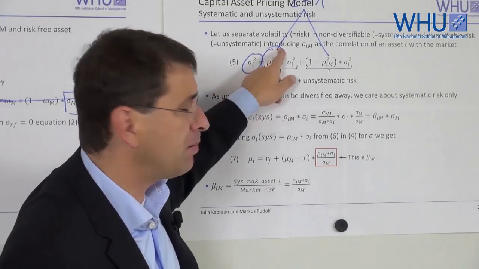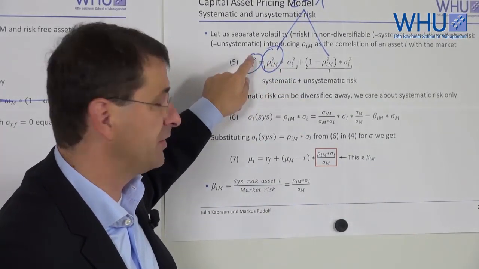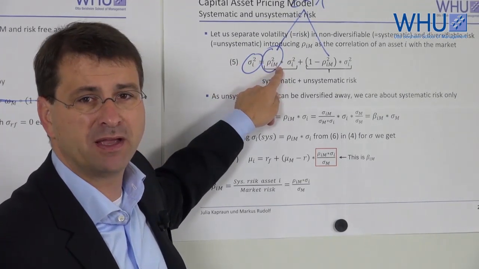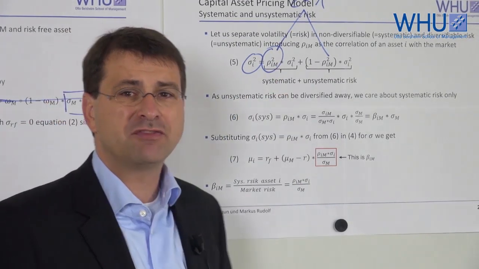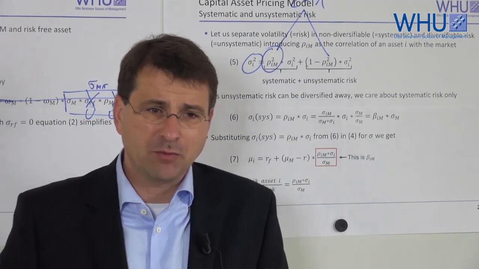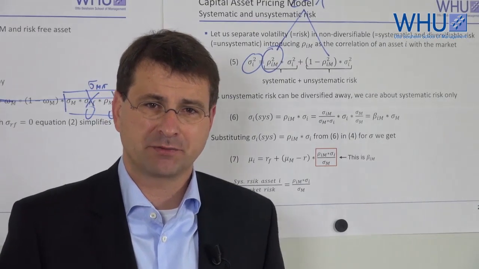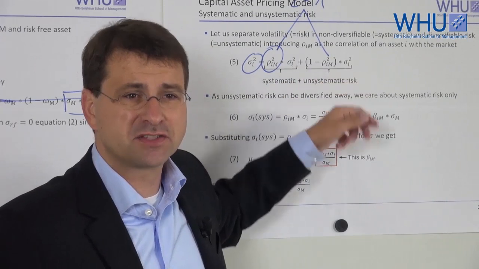So we call that part of the risk, of the variance sigma I squared, which is influenced by rho IM squared, systematic, because it fluctuates systematically with the entire market. Anything which is defined by the entire market is a systematic risk. Anything which is not driven by the entire market is unsystematic.